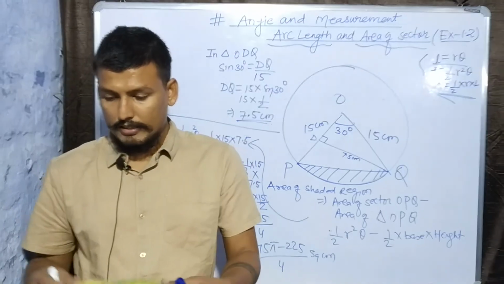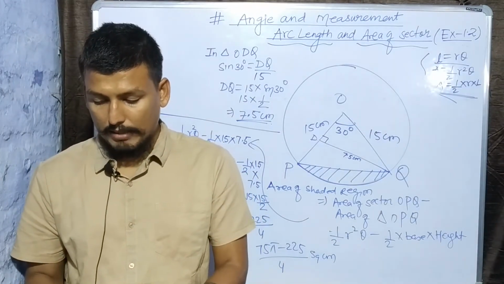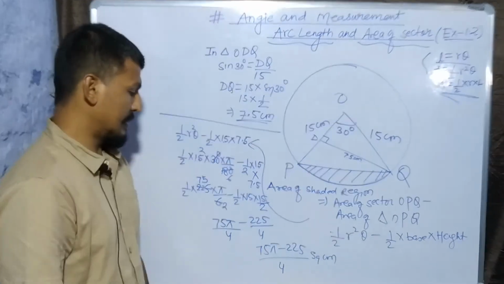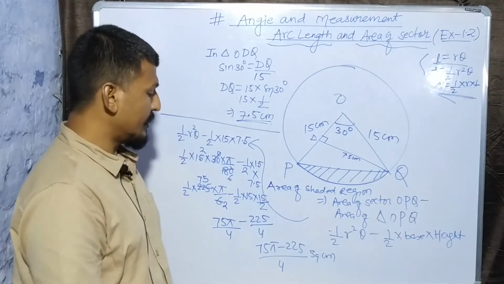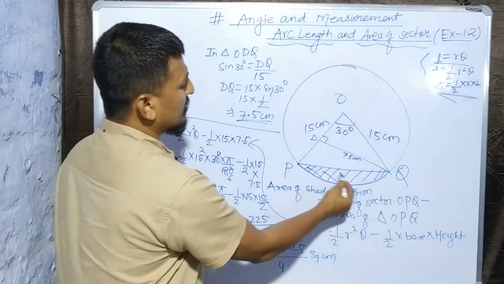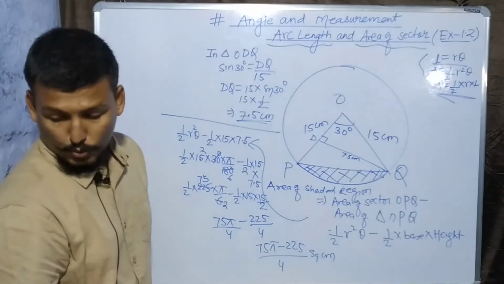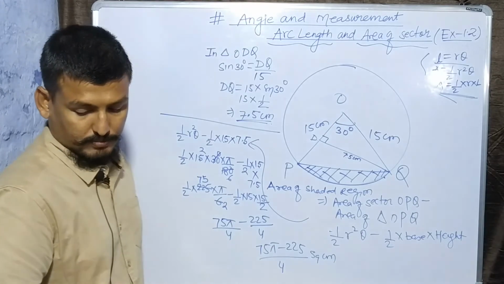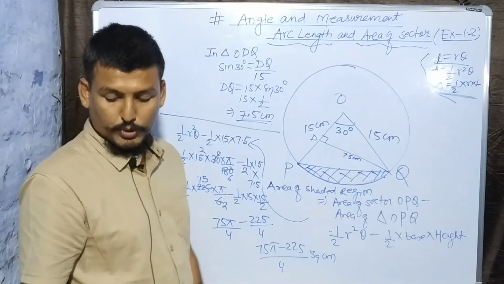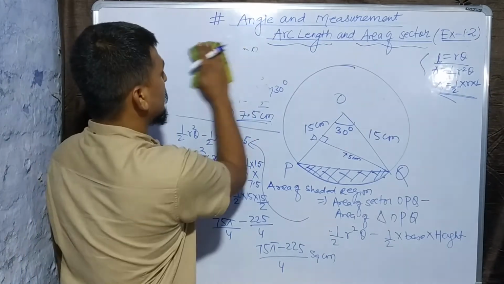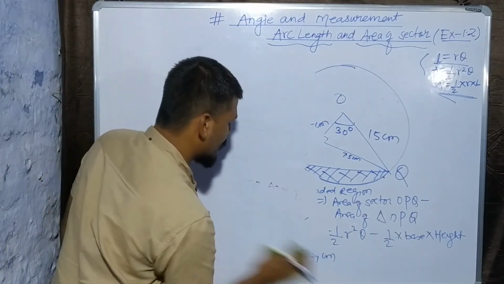So it is 75 pi minus 225 divided by 4 square centimeter, which is the area of this shaded region. This is question number 8. We'll move to question number 9. Two more questions remaining, question number 9 and question number 10.